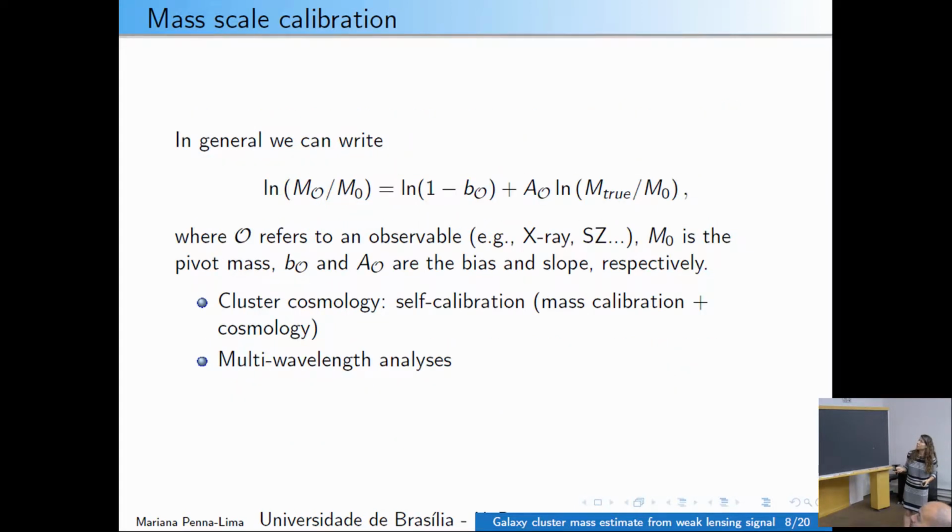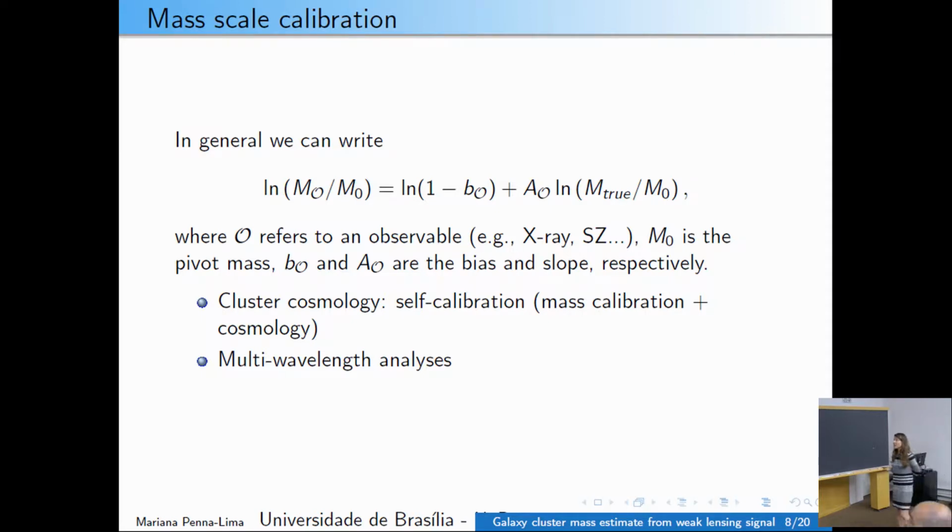Okay. So in general, you can find in the literature that people write a relation like this, relating the mass estimates given observable and the true mass, and here we are going to refer to this as the halo mass, okay? Modeling like this, A is the slope, M0 is a pivot mass, and B0 is the bias of this relation.